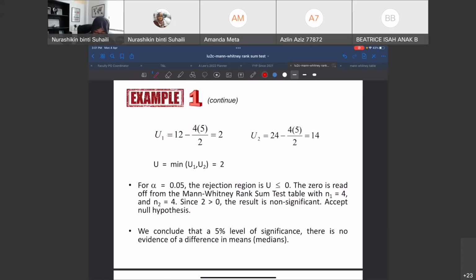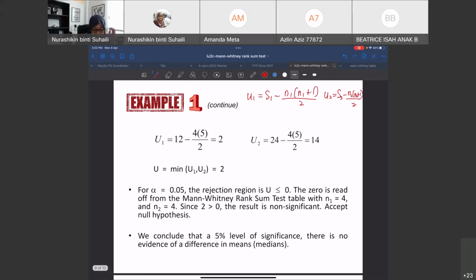Remember the formula for U1 is equal to S1 minus N1 times N1 plus 1, divided by 2. U2 is the same, it's just that the symbols are different, with S2 and N2. So that's the formula, and you substitute the values.